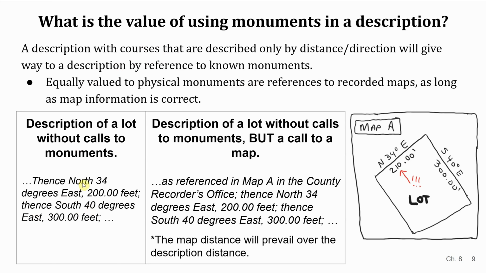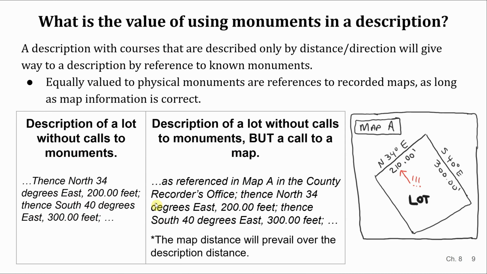So we have north 34 degrees east, 200 feet, then south 40 degrees east, 300 feet. That's all it says. We don't have monuments. We don't have a call to a map or anything like that. Let's say, for example, there really aren't any monuments out there. But if we included a call to a map that had created these parcels, that could help us out.